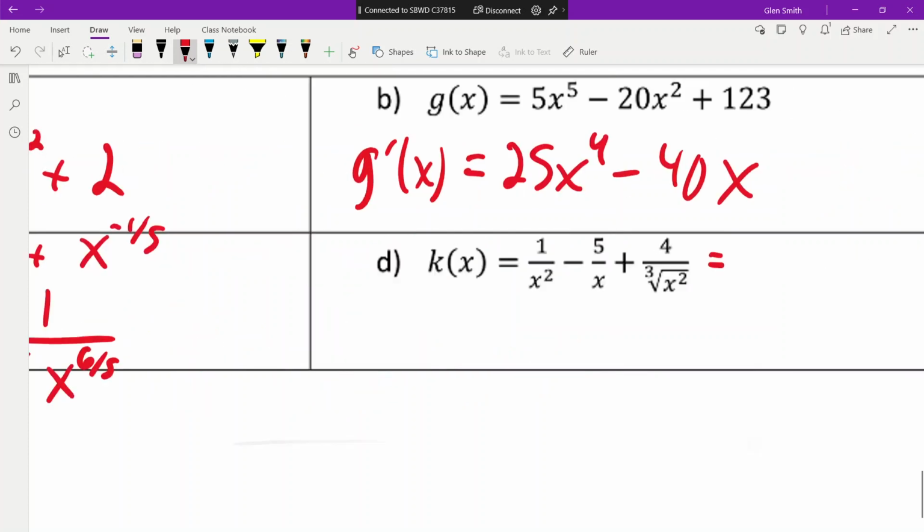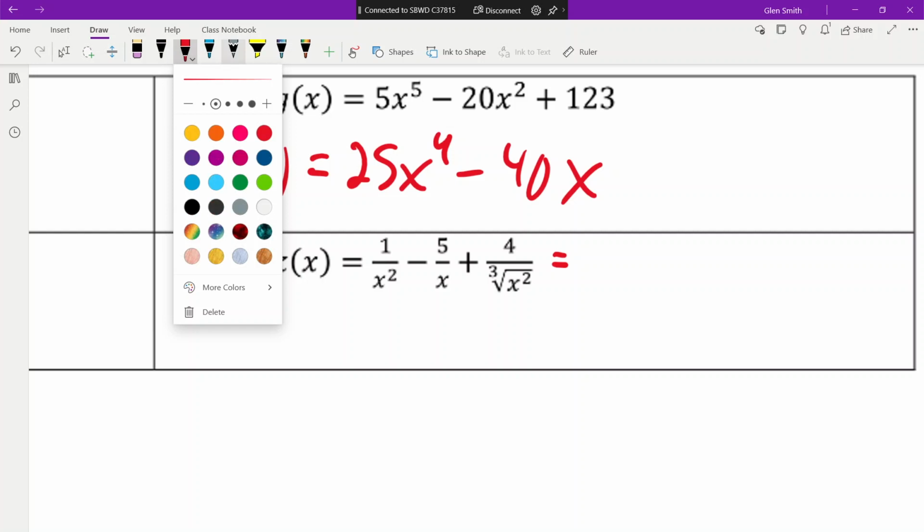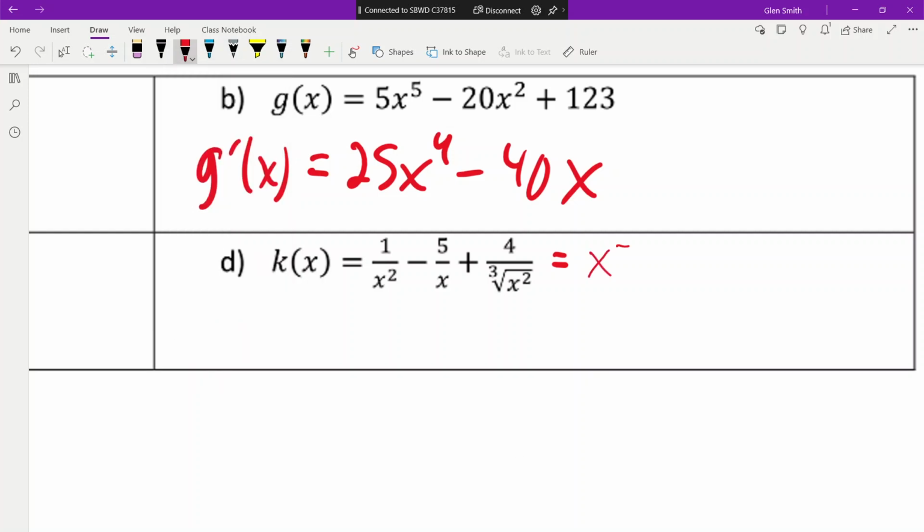Okay, and then over here, why is this so thick? Oh, I got you on that. Let's go to thinner. There we go. This is really x to the negative second minus 5x to the negative 1 plus 4x to the negative 2/3. You got to rewrite like that so we can use the power rule.